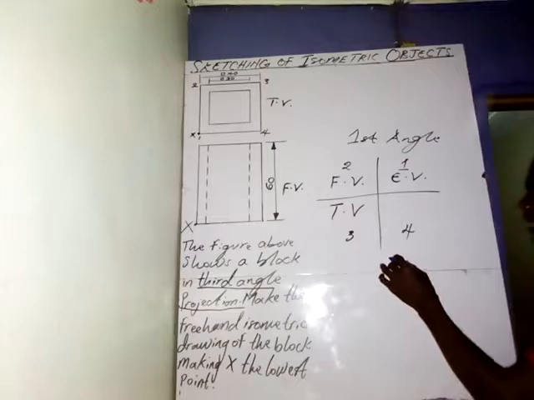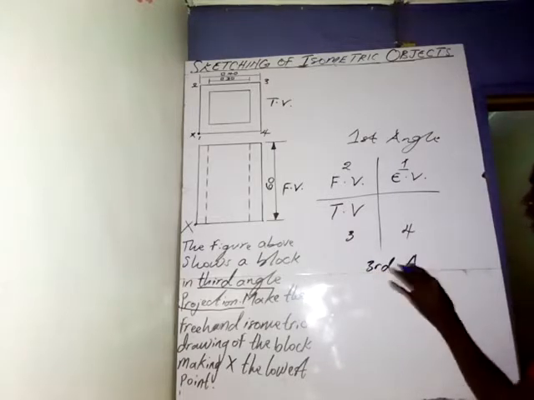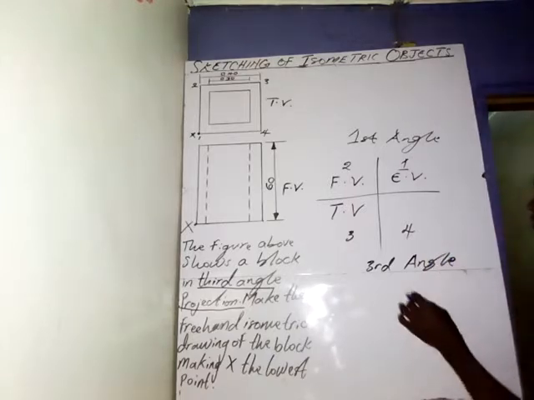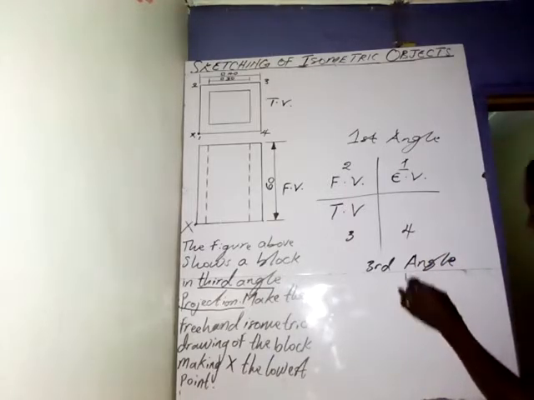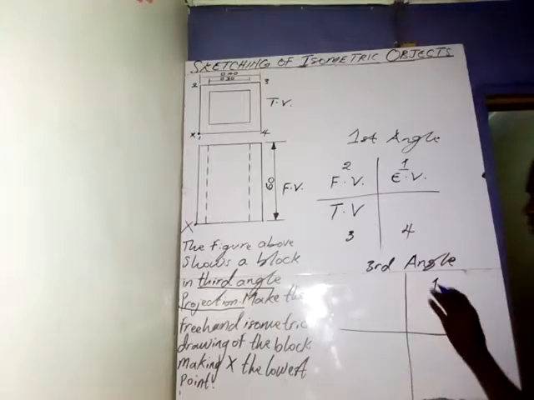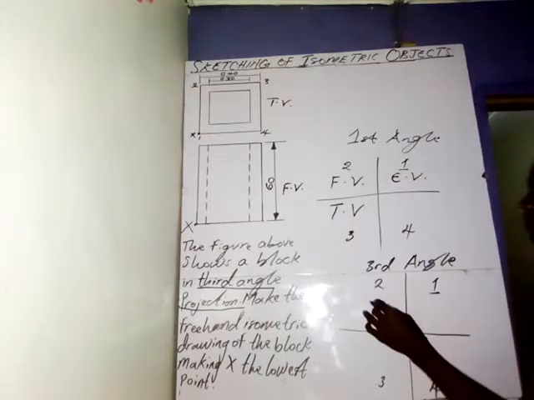Now, in the third angle projection of orthographic drawing, we also have the first quadrant, the second quadrant, the third quadrant, and the fourth quadrant here. Here we have the top view.